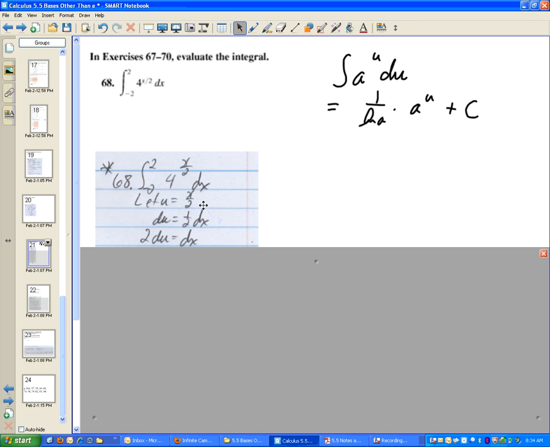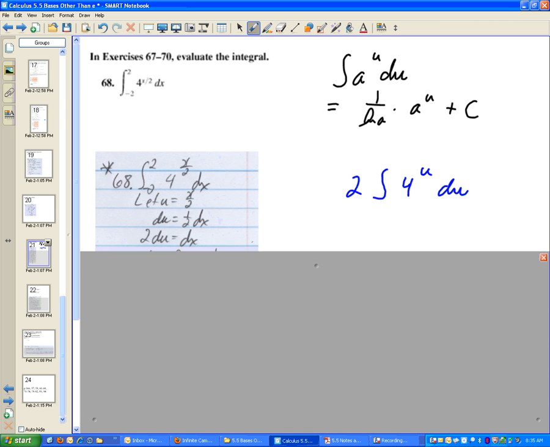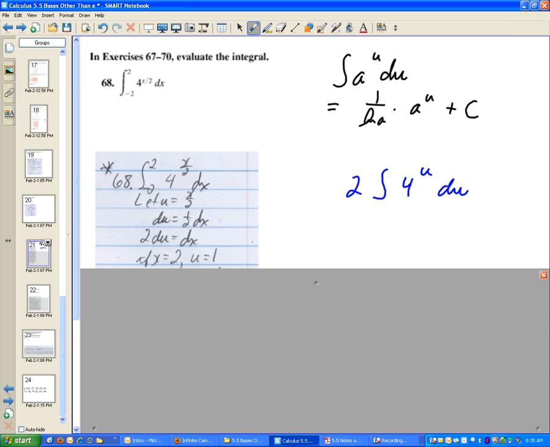We can do that. Don't have to write this down now. In fact, don't write it down now. But we can do this, right? We can make that 4 to the u times 2 du, all right? But the reason I'm telling you not to write it down yet is because we've got to change the limits of integration. So, if x equals 2, u would equal 2 over 2, which is 1.